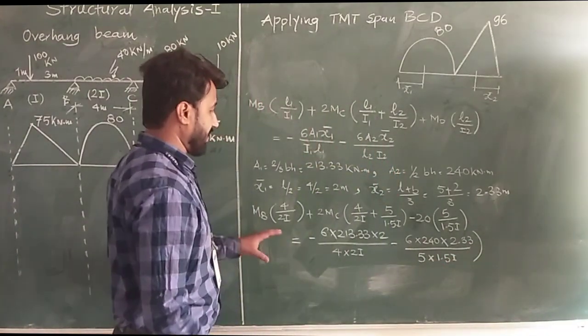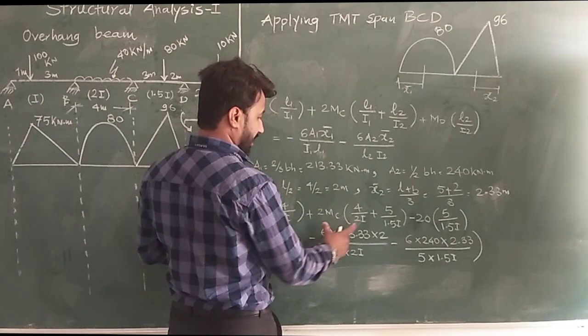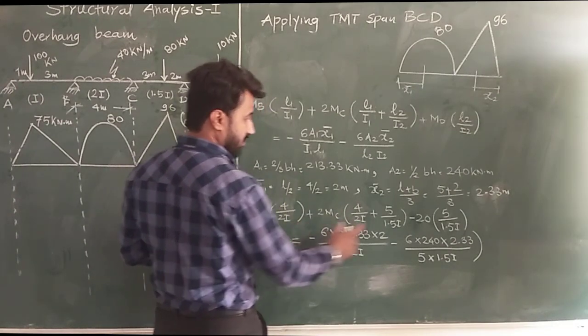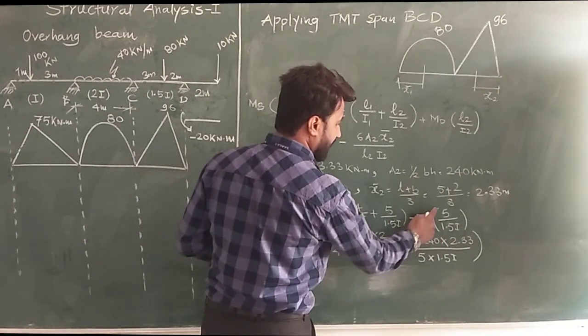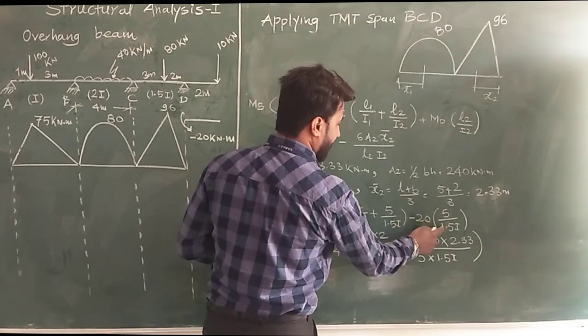So when we calculate all these values, this value will be unknown, this value will be unknown, this is known to us, so this is minus 20 into 5 by 1.5.